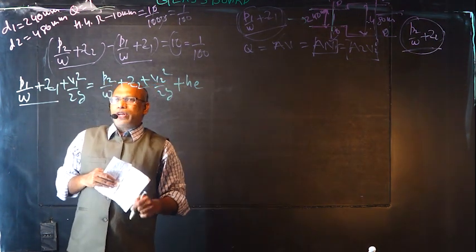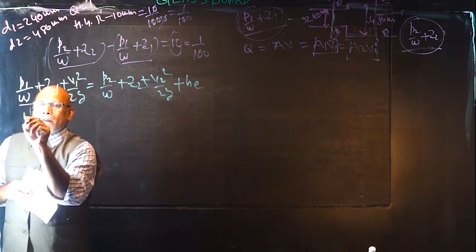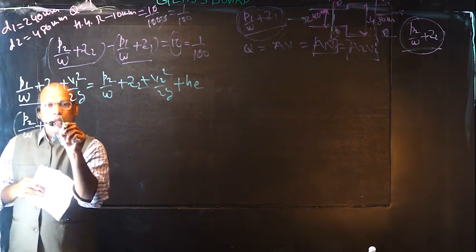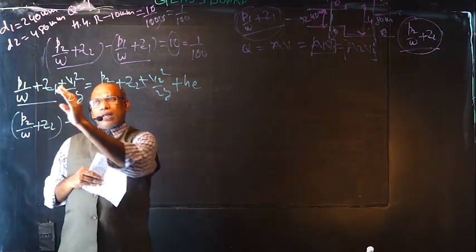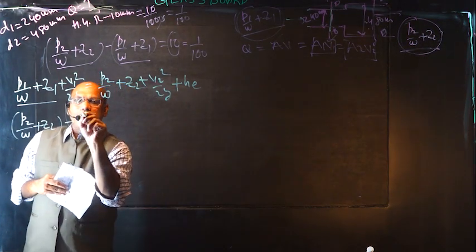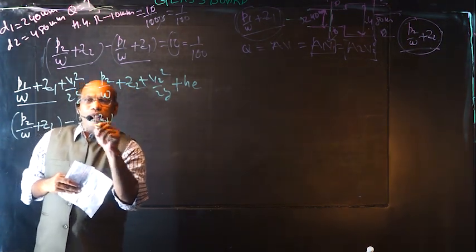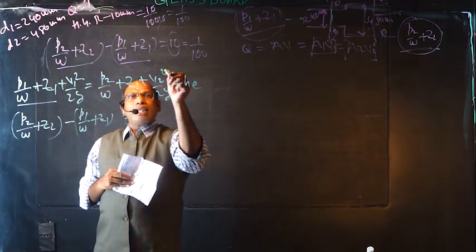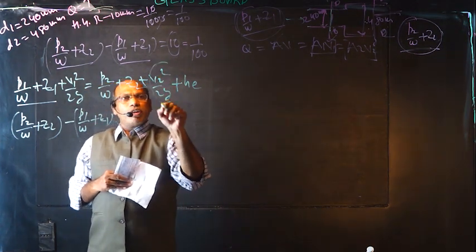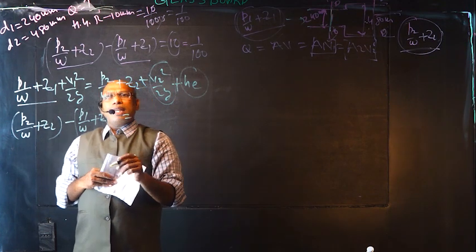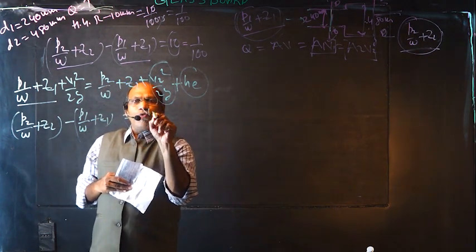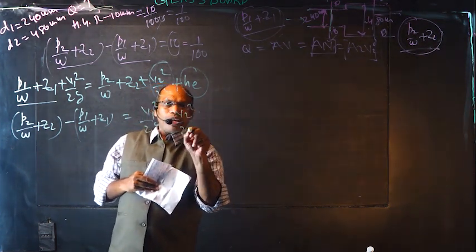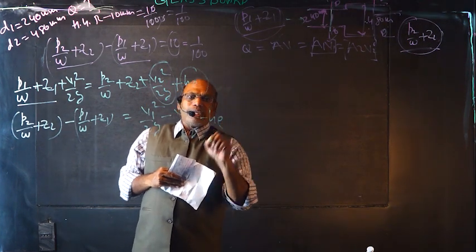This expression can be written as: P2 by W plus Z2 minus P1 by W plus Z1, moving the terms to the other side, is equal to V1 square by 2G minus V2 square by 2G minus HE.